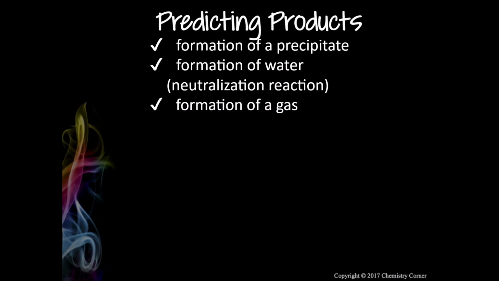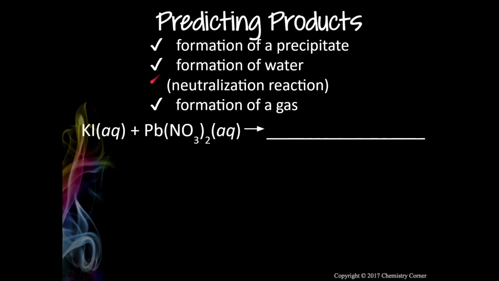All right, so we're going to look at a couple of practice samples for formation of a precipitate, formation of water, or formation of a gas. So first we've got KI. There's not, in fact, a Kl element. So potassium iodide, aqueous, and that's ionic, so it will dissociate in water, and you'll have potassium ions and iodide ions.